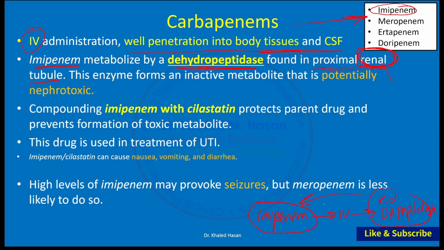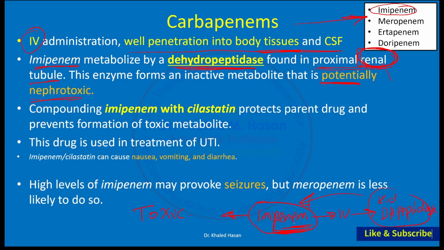So we try to figure out how we can protect imipenem from metabolism. That is number one. Number two, the enzyme metabolism of imipenem produces a toxic metabolite, which could be considered a nephrotoxic substance. So we have two reasons to protect imipenem from metabolism by the enzyme.